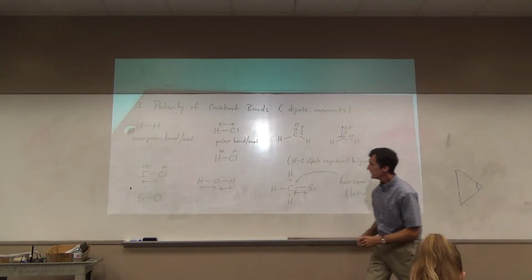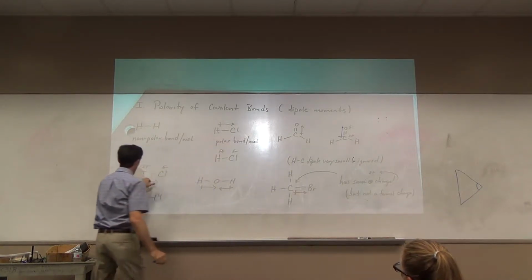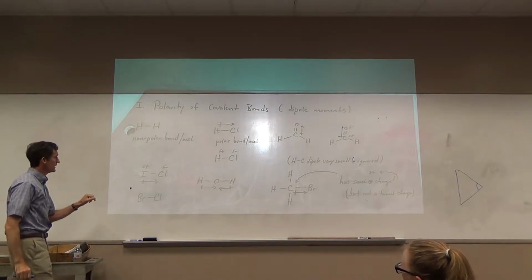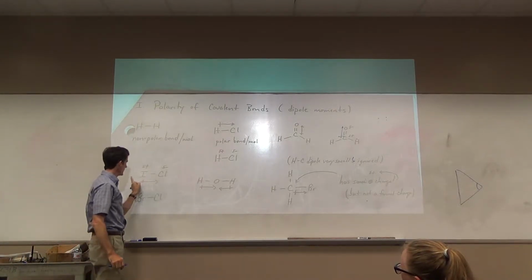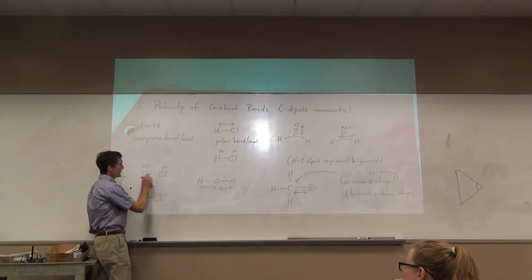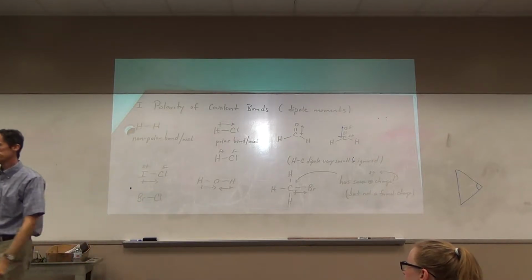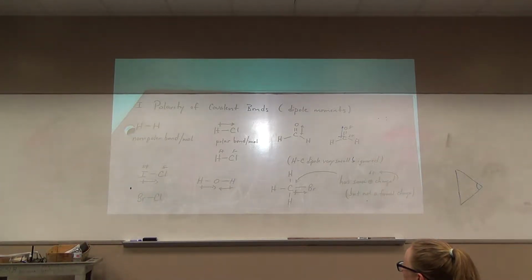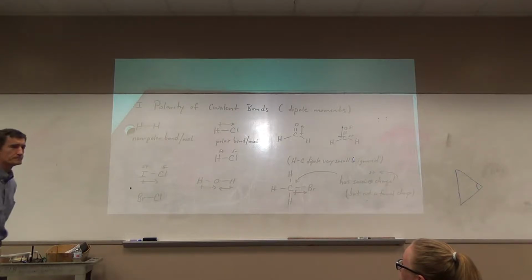Other examples, for example, interhalogen. Usually halogens are like Cl-Cl. Let's get interhalogen. Which halogen is electrophilic? The iodine or the chlorine? Not the chlorine. Why do you say chlorine?